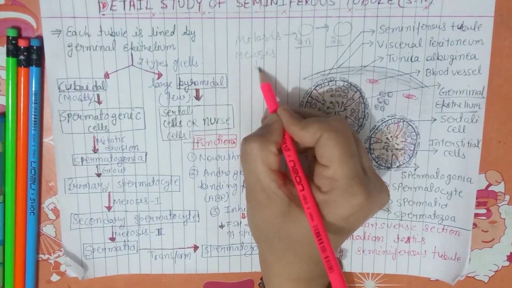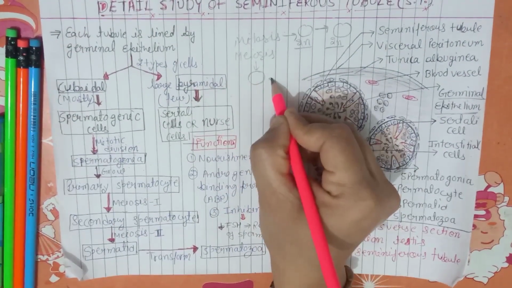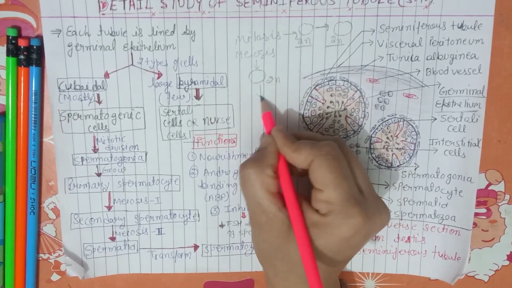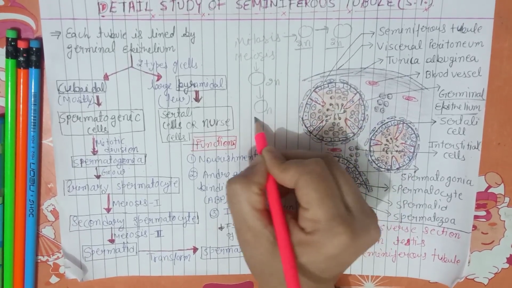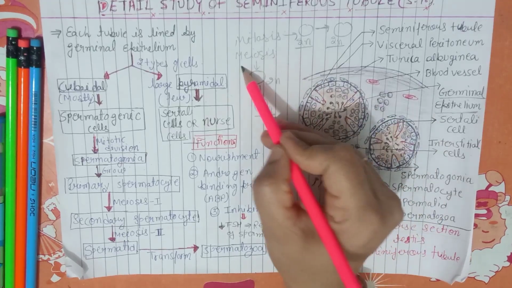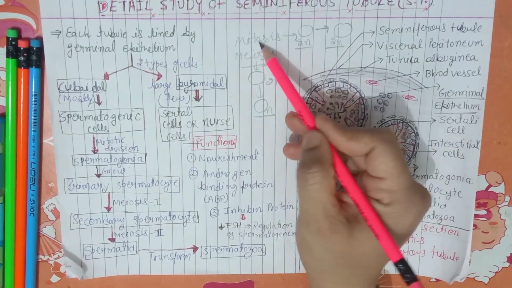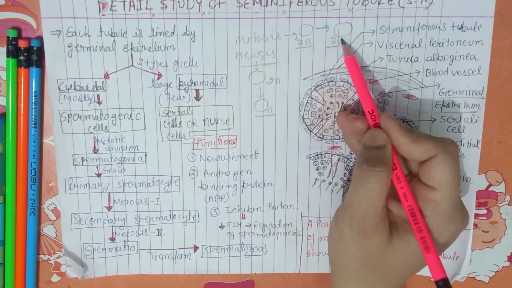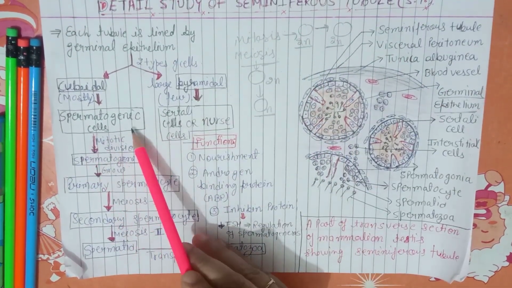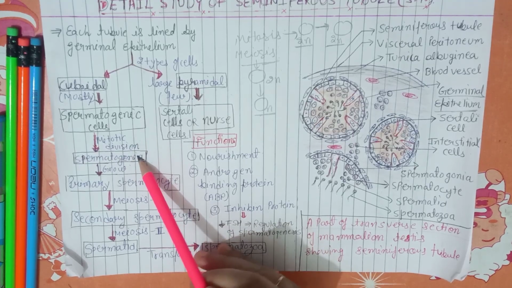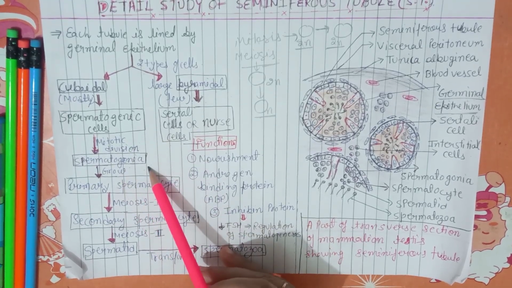But in meiosis, if the parental cell has 2n chromosomes, then the daughter cell has half the chromosome number. So meiotic division is also known as reductional division, but mitotic division is known as equational division. So spermatogenic cells will undergo mitotic division to form the spermatogonia.